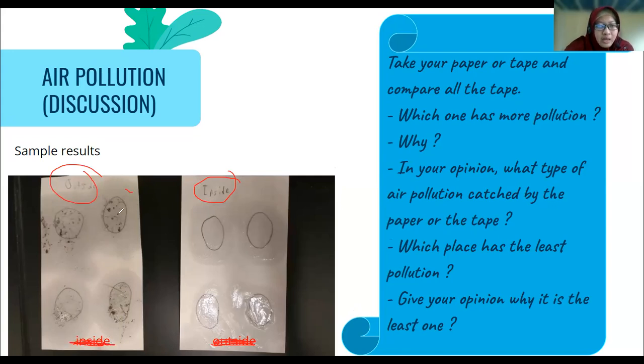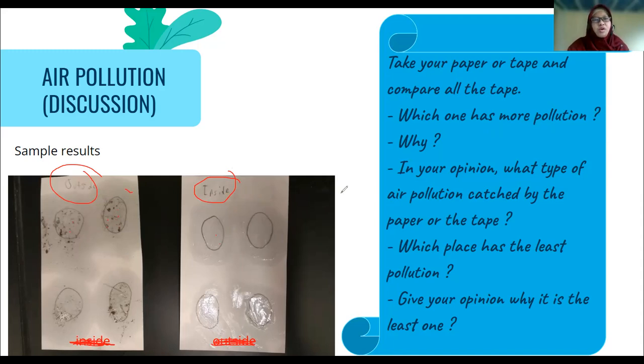You can see that the paper outside has more dirt on it, so it means that outside is more polluted than inside. The inside one is quite clean. So the inside of the house is cleaner than outside. Which one has more pollution? It's outside, obviously. Why? Because outside, there is a lot of air pollution, right?